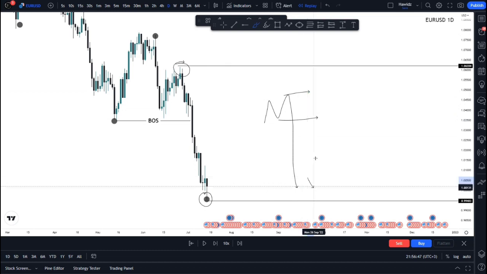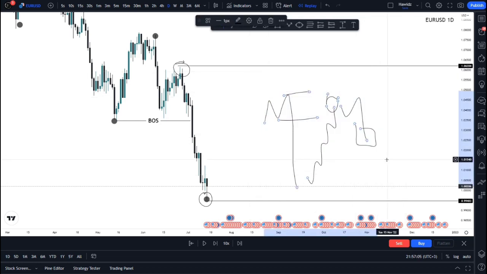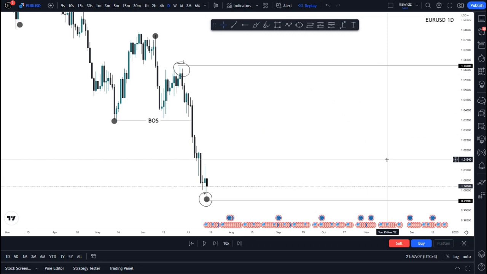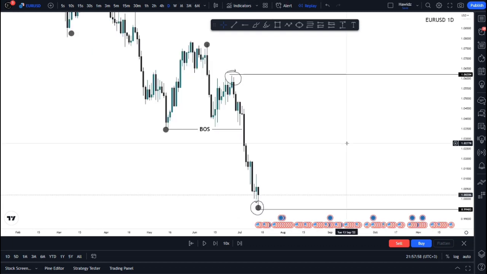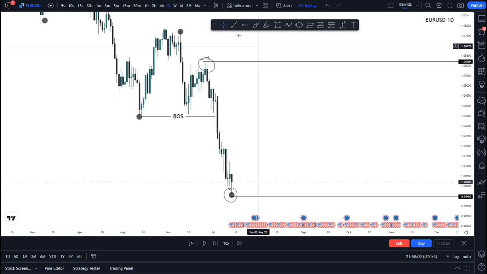We're going to wait for price to come back into this area and mitigate it, and once this mitigation is done, we can confirm and go bearish from there. Since it's a swing trading strategy, it's very suitable for people who are not always on the charts. So from there, let's see where that last buy to sell is.